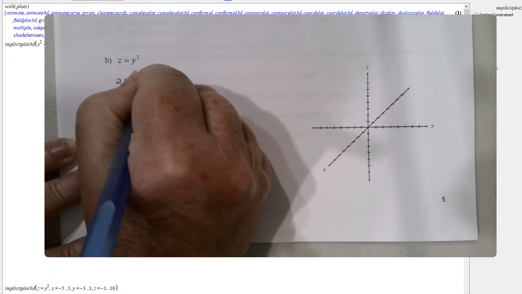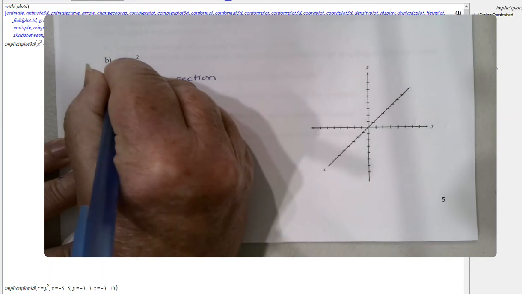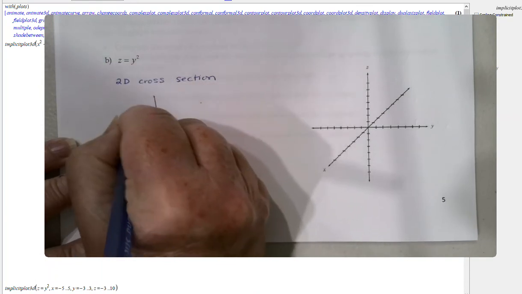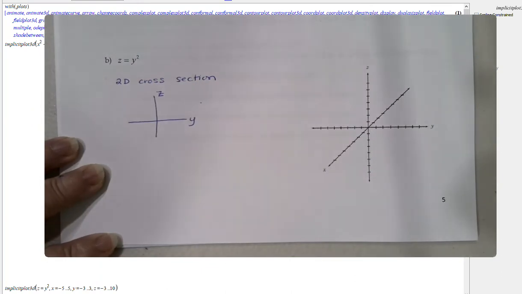All right, let's try a second one. This one's not going to look like your classic tin can shaped cylinder. We have z equals y squared. So first of all, again, I'm going to do the 2-dimensional cross section. It's in the YZ plane. And it's just a parabola, right?